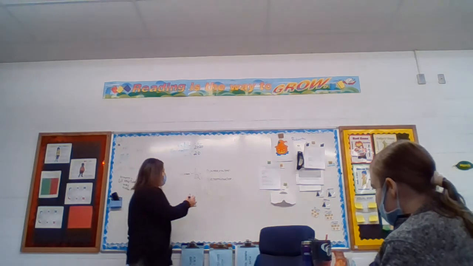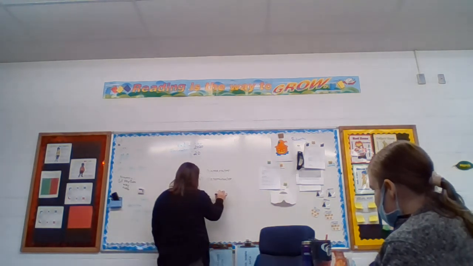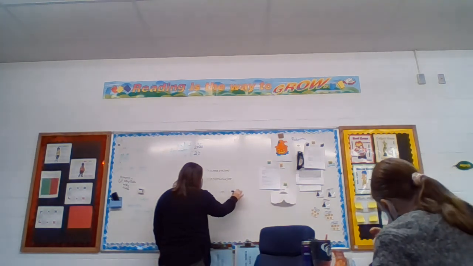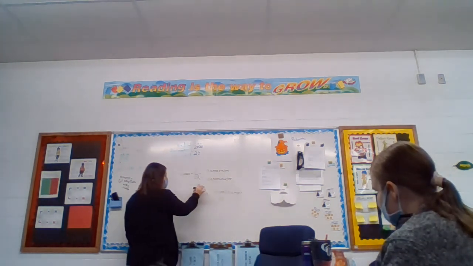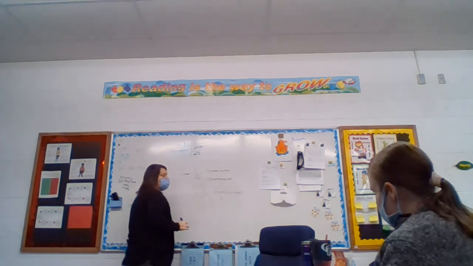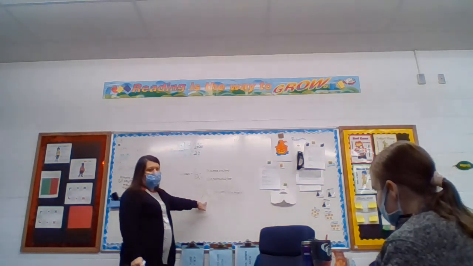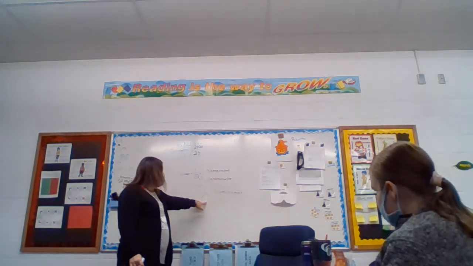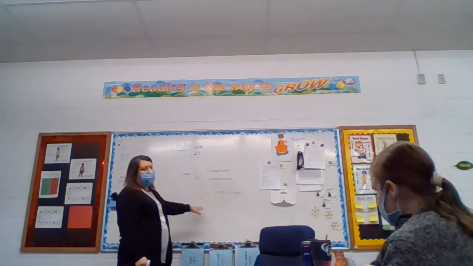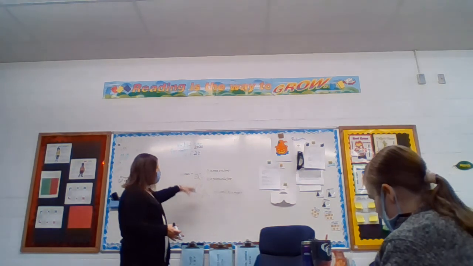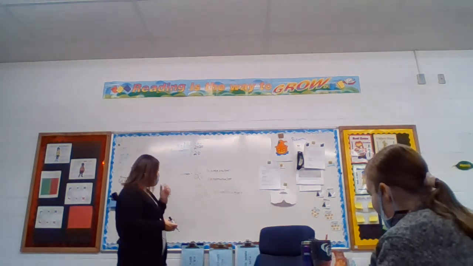It's a mixed number, because it has a whole number, which is the 3, and then the fraction is 1/2. So it's mixed up. It's not just a fraction, it's not just a whole number, it's a mix of both. So we call it a mixed number.